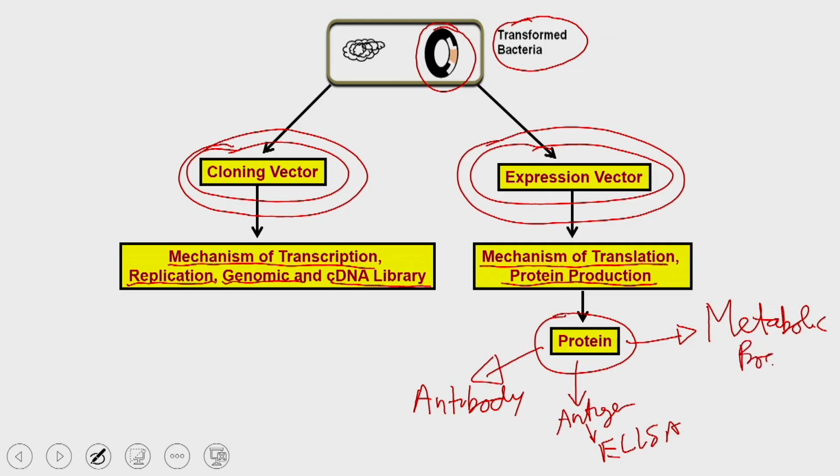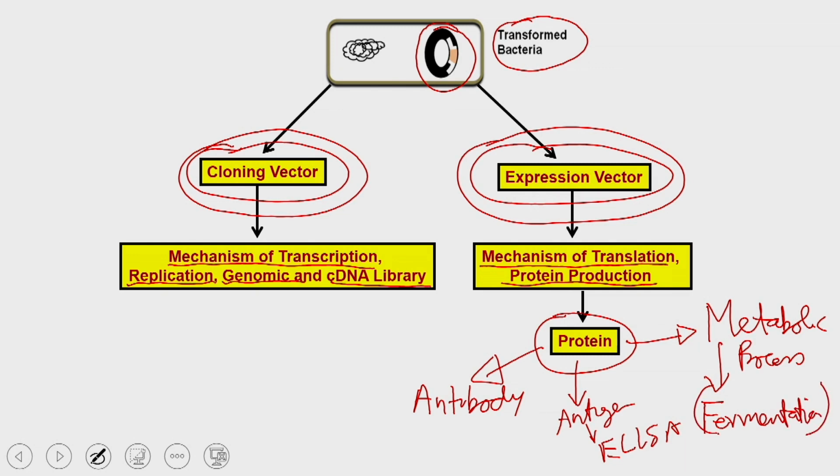which means ultimately, once you use this particular protein product in the metabolic processes, you are actually going to use it for changing the outcome in terms of the process known as fermentation.